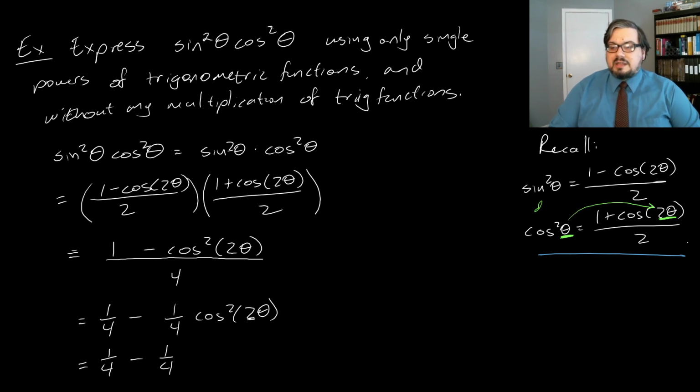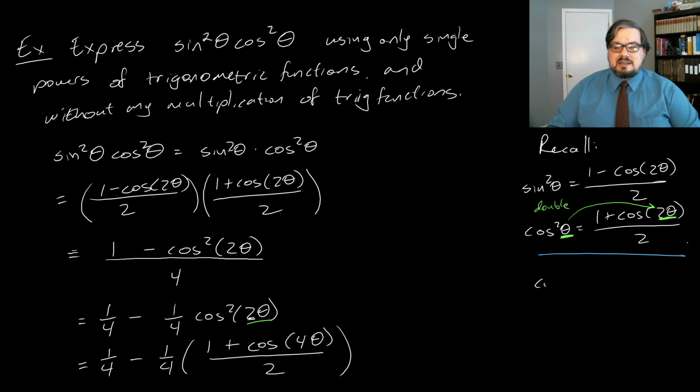So we always double the angle inside the trig function when we apply this power reduction style formula, going from a second power of cosine to a single power of cosine in this way. Here we're starting with cosine squared of 2 theta, which means that using the same identity, we'll have to change it into 1 plus cosine of 4 theta, because we always have to double the angle that's inside.